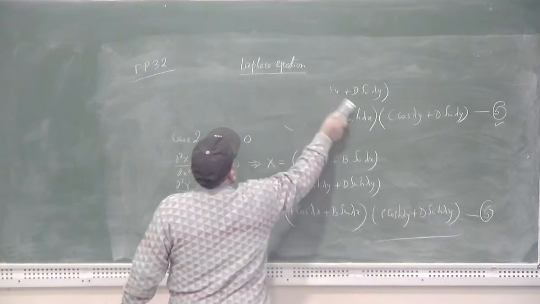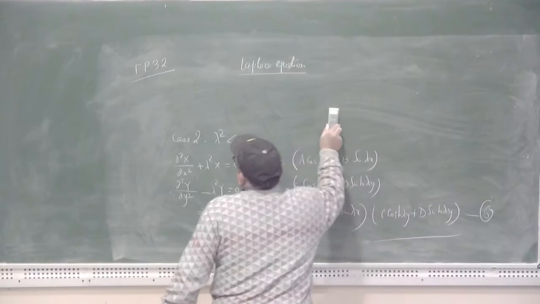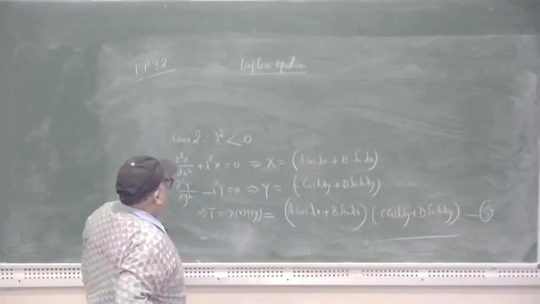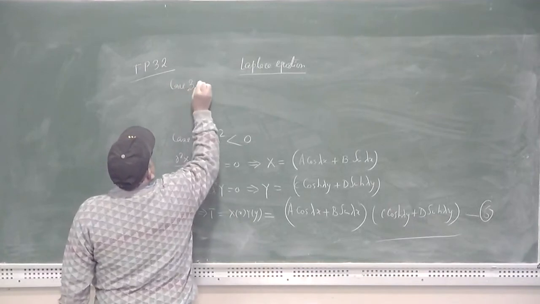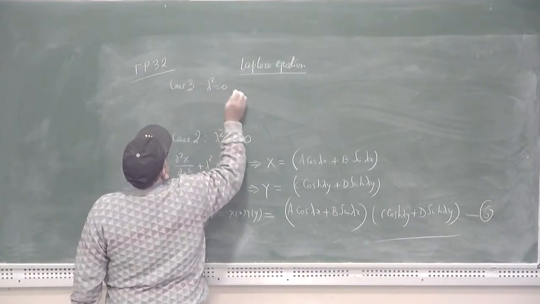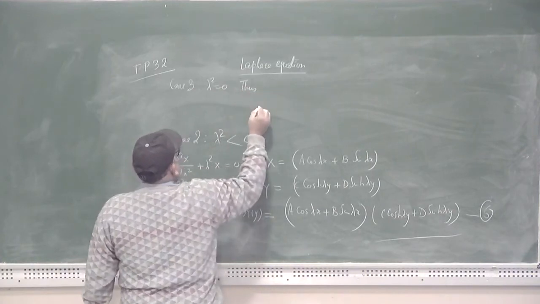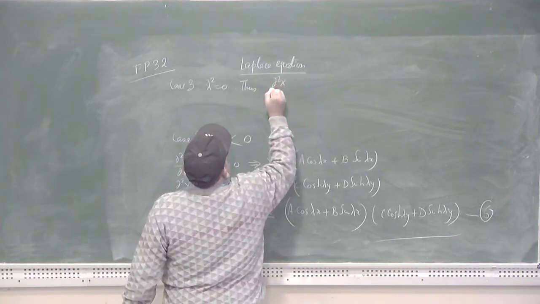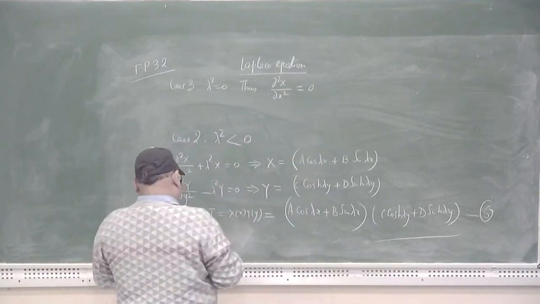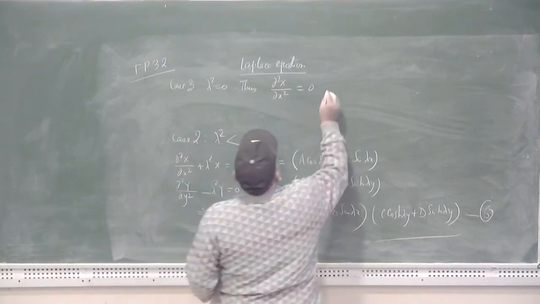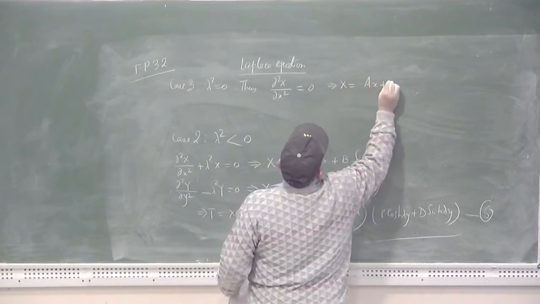So, case 3 is lambda square equal to 0, thus d2X by dx2 is equal to 0. So, the value of X equals ax plus b.